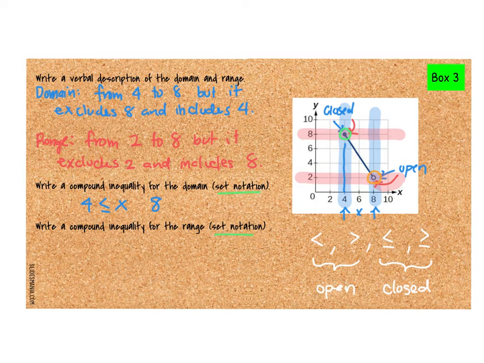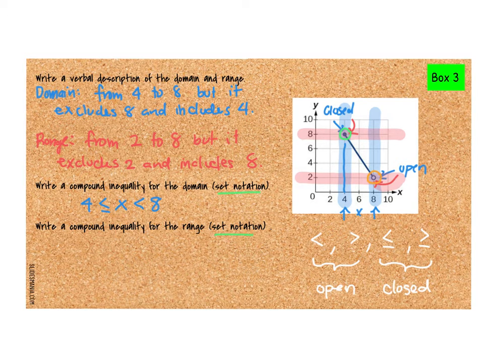Now looking at the 8, we have an open circle. Therefore, this is going to be less than, because X has to be less than 8. So X can be any number between 4 and 8. It could be 4, but it cannot be 8. So if it's 7.99, that's fine. If it's 8.01 or exactly 8, that's not a solution.